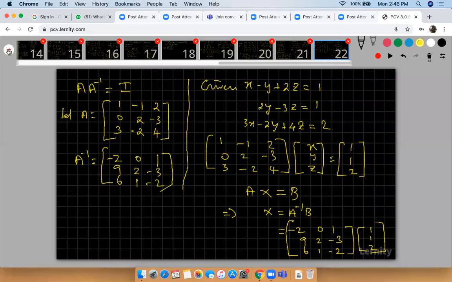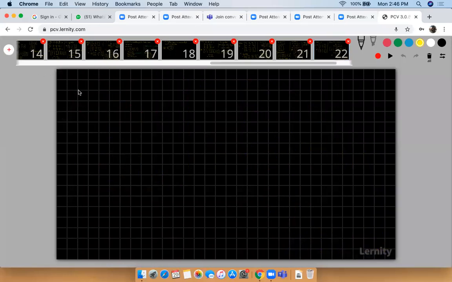Now take the product. On this side X is there. Here this is minus 2, 0, 1. This is 9, 2, minus 3. This is 6, 1, minus 2. This is 1, 1, 2.